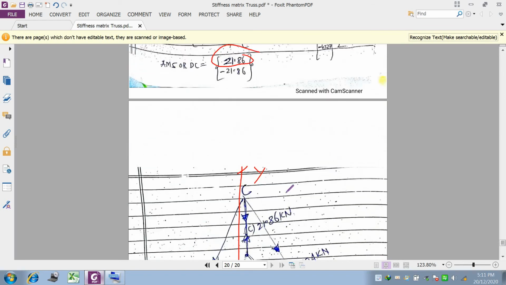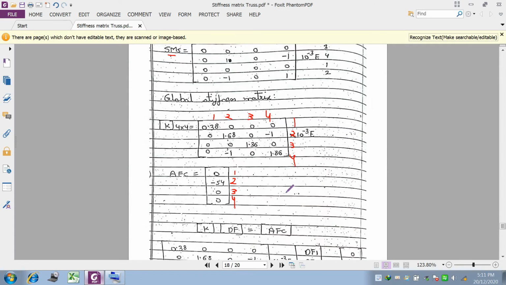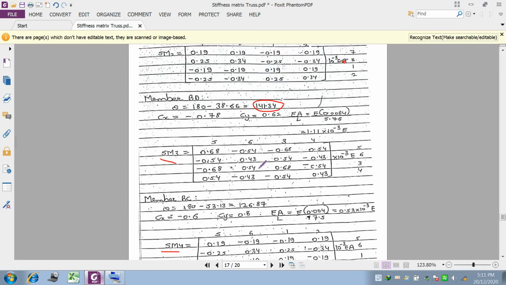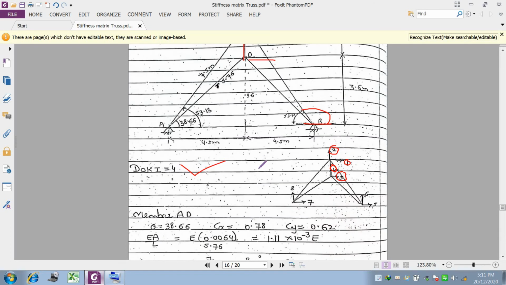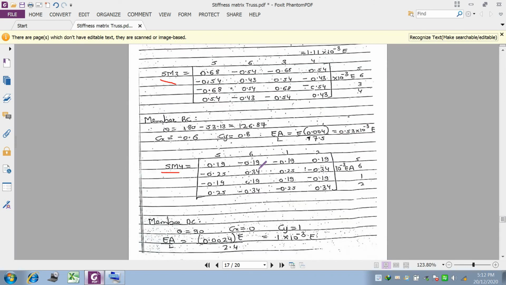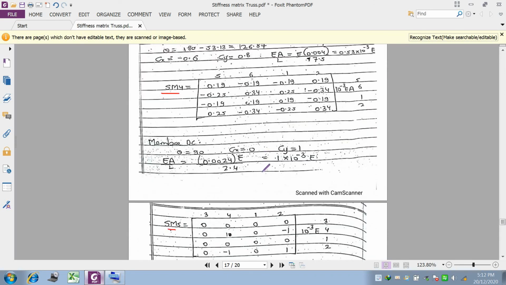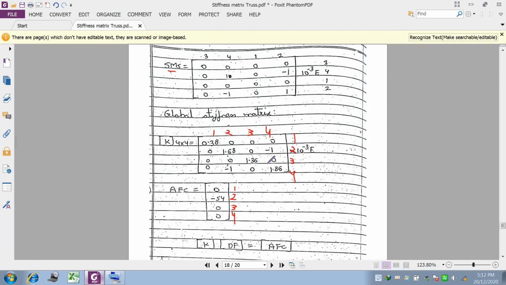So this was the numerical, and this type of numerical is also very much asked in your examinations. If you see your university exam papers of the last 4 or 5 years. So with the completion of this, I am completing type 1 of this truss element.